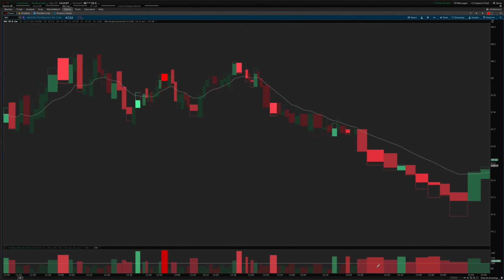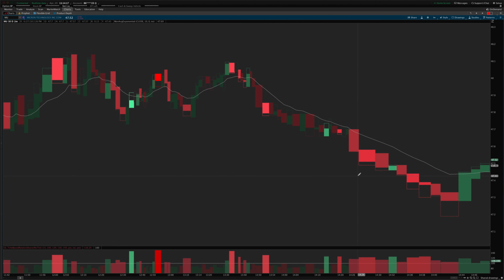But this could have been, let's see, that one I would have been willing to take, and this one potentially as well, had this action been a little bit clearer. So you could call that one a good entry there as well.